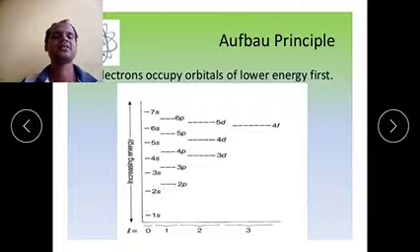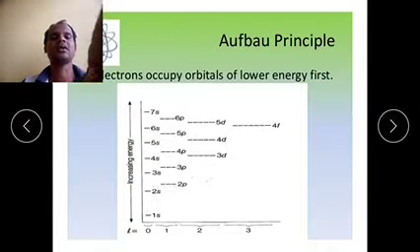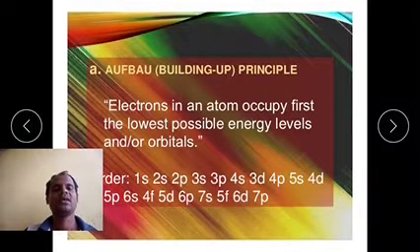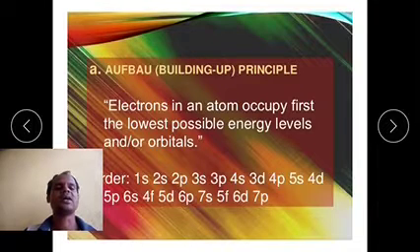Next is the Aufbau principle. In the examination, you may be asked to define or state and explain the Aufbau principle. According to this, electrons enter the orbitals of least energy first. Electrons in an atom occupy the lowest possible energy levels or orbitals first.